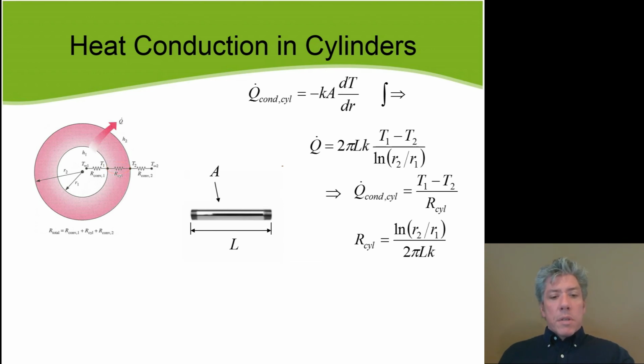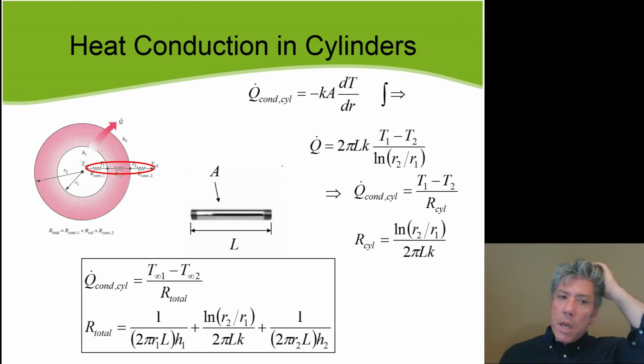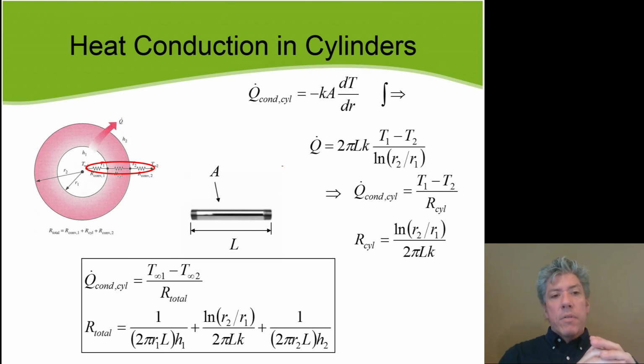And now that we've got a resistance for the cylinder, we can talk about the entire network, because now we've got, again, 3 resistors in series, going from, say, think about it as hot water convecting on the inside of the pipe where it's flowing through, and air on the outside of the pipe. Well, we're going to have resistance to heat transfer within the water inside of the pipe, and that's the first term in our resistance there.